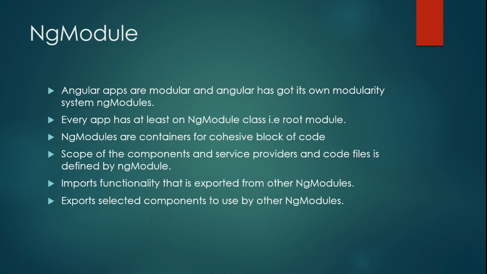So every application has one root NgModule, and the NgModule is the compilation context of that application. Whichever code is in the scope of that NgModule is only available to that Angular application.